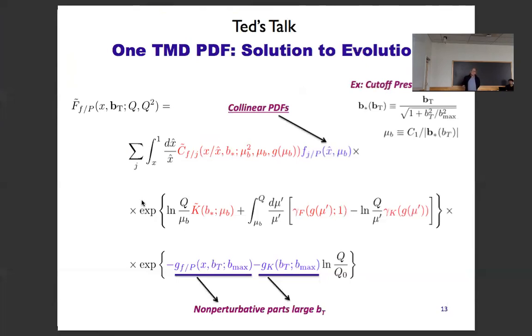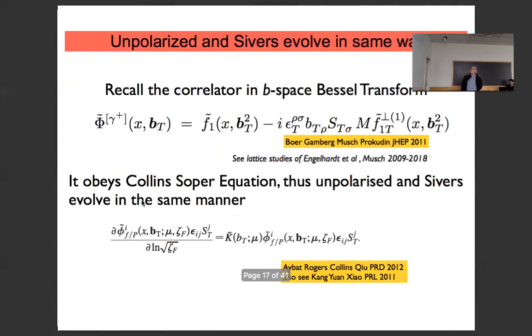And herein lies maybe a connection between TMDs and collinear PDFs. This is the Sudakov exponent, which has both perturbative contribution and non-perturbative parts. We've already implemented the B-star formalism in B-space, so that we separate out that which can be fit and that which can be calculated from first principles of QCD.